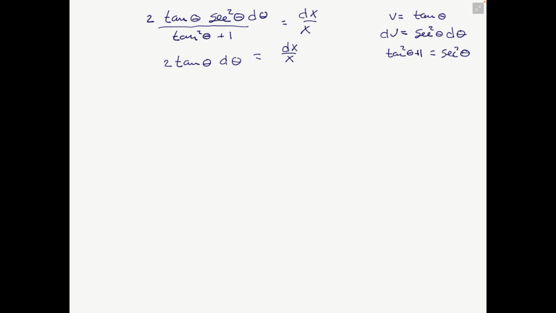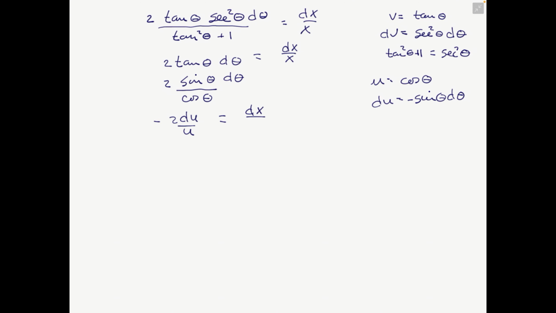But remembering what tangent is, and we say u equals cosine theta, du equals minus sine theta d theta. So we end up with minus 2 du on u equals dx on x.